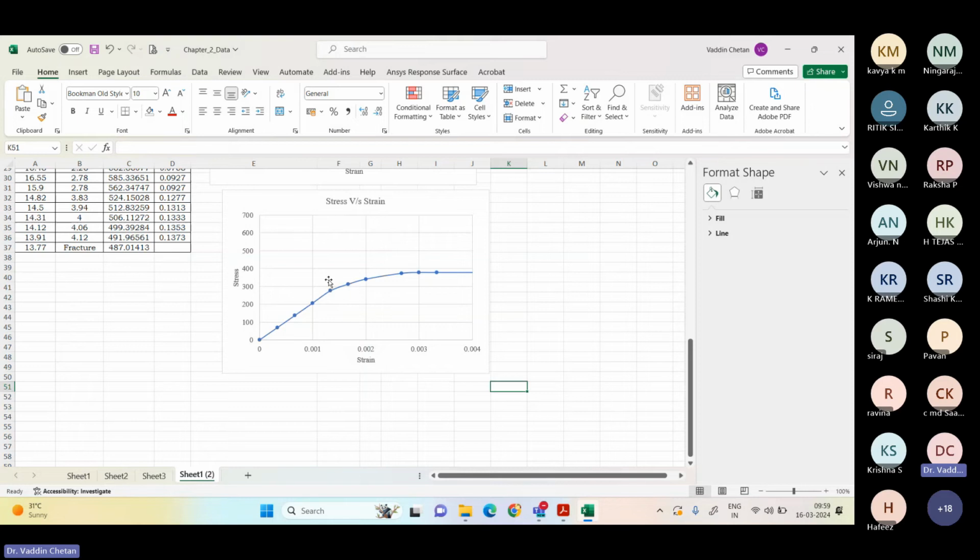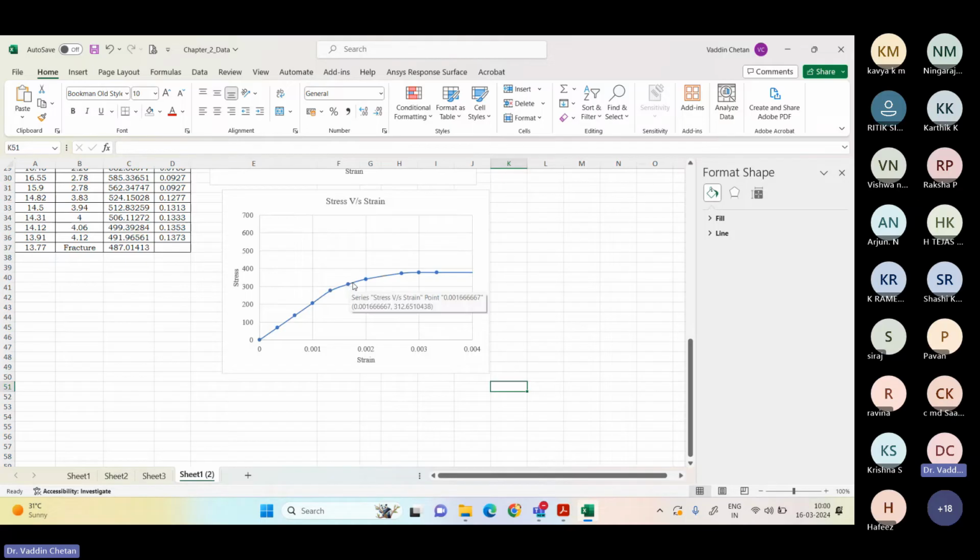So with this I can clearly see that the linear behavior is exhibited till 276.222 megapascal. Right? So that is 276. From here, you can see that it is deviating from the linear behavior.